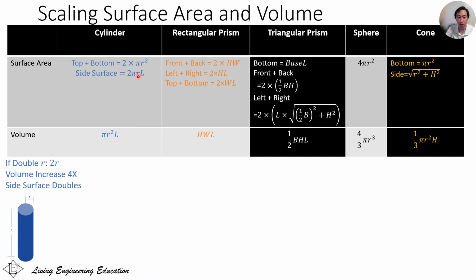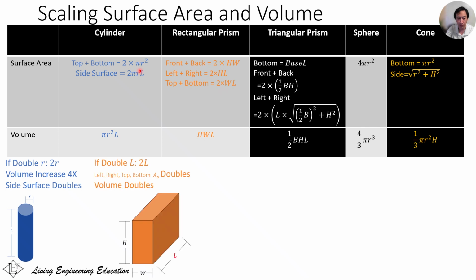Because we can see 2 pi r times L. So r doubles, then the side surface area doubles. If we were looking at top and bottom, those are just circles. So we know if the radius doubles, because there's the r squared relationship again, the top and bottom surface areas will quadruple.